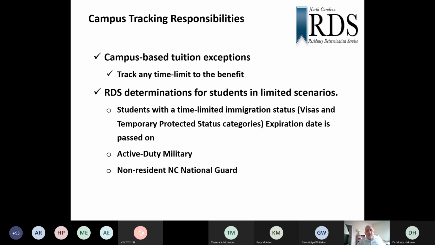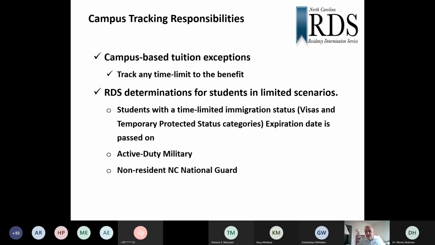Anyone admitted on that active duty exception can keep it, even if the service member leaves, as long as they're continuously enrolled in the same program. Once they finish that, or transfer, it's no longer applicable. Same thing with the North Carolina National Guard. Those contracts are long-term, typically 6-8 years sometimes. So we'll put the date in there.